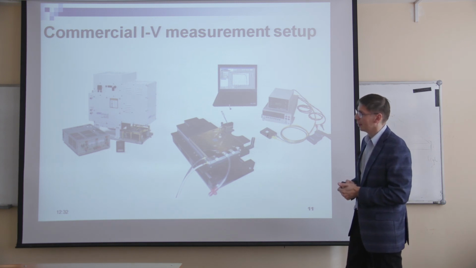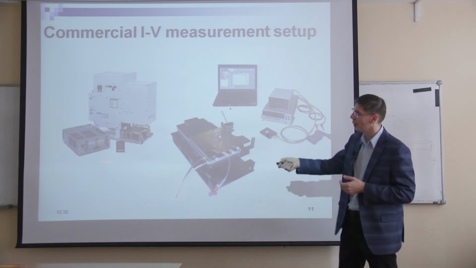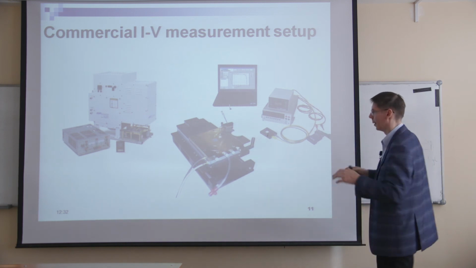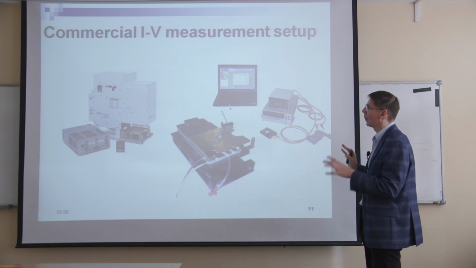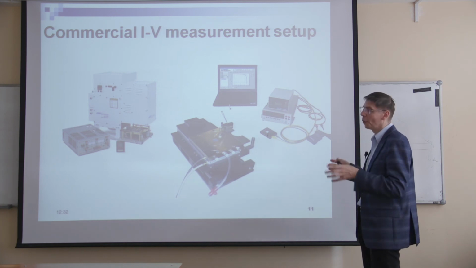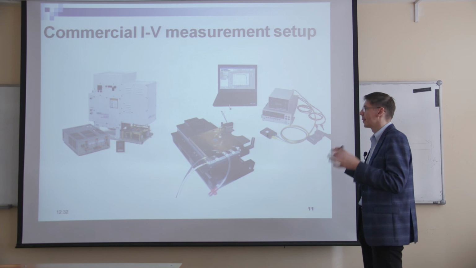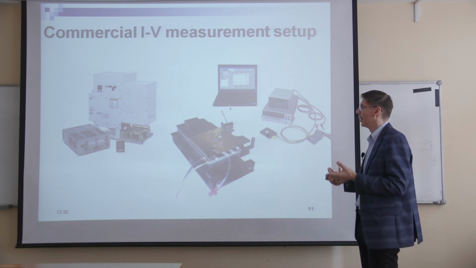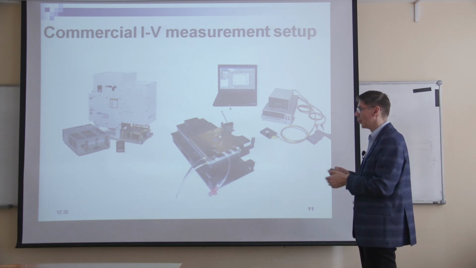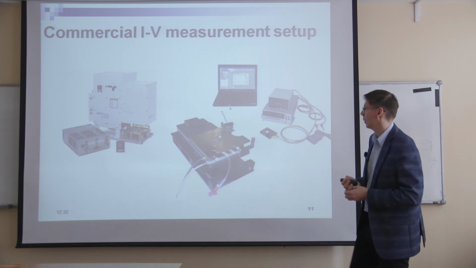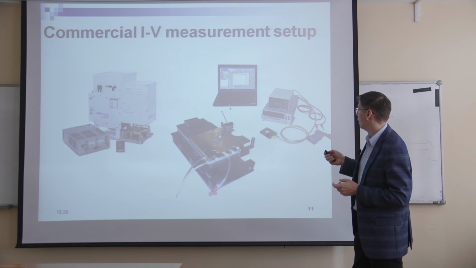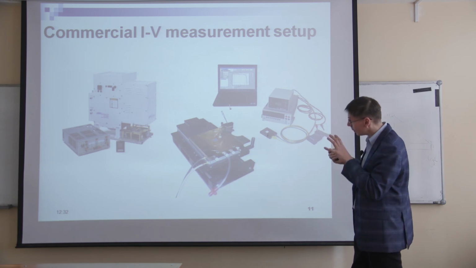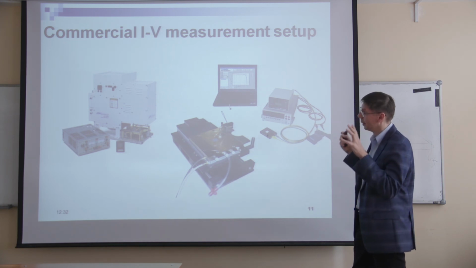In higher current conditions, you can use another Keithley device. But if you want to measure the module, of course the current is too high, and in this case normally you have to use some controllable load.